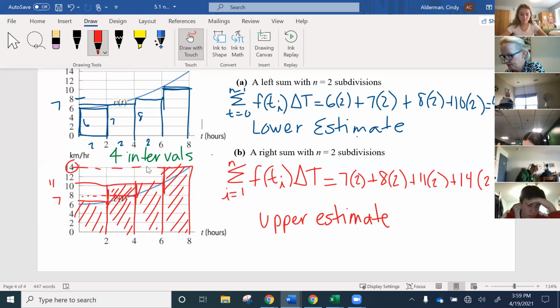I think it would be better to do 5.2 and 5.3 on Wednesday, because they're both pretty short sections. So I'm going to leave with that because I want you guys to be able to do that work. So I would change the due date of 5.2 to the same due date as 5.3.